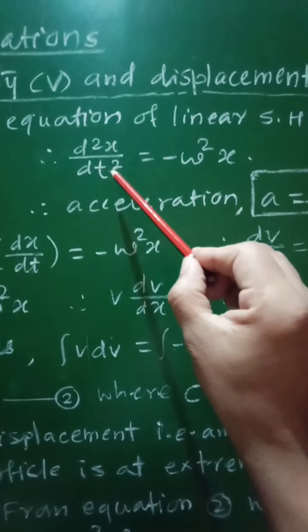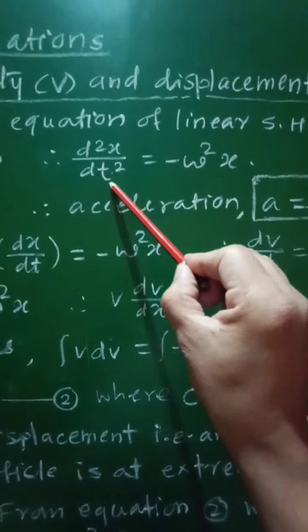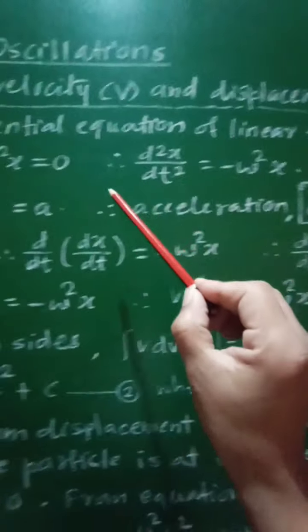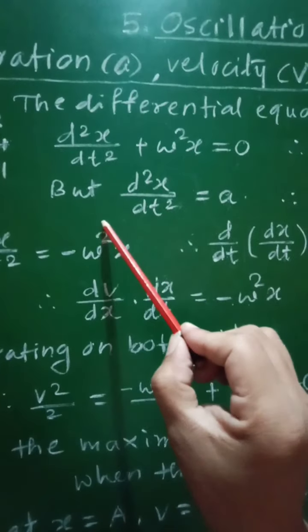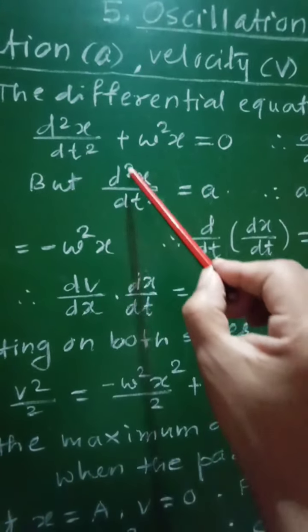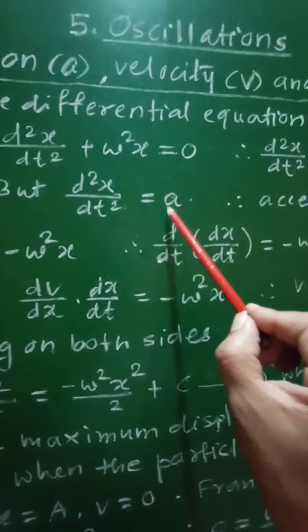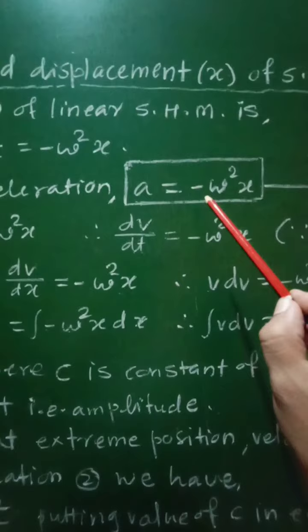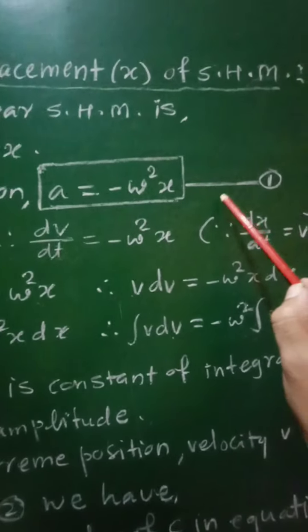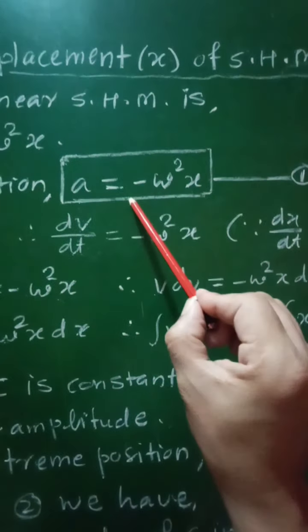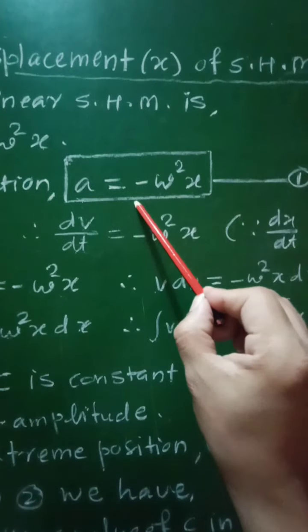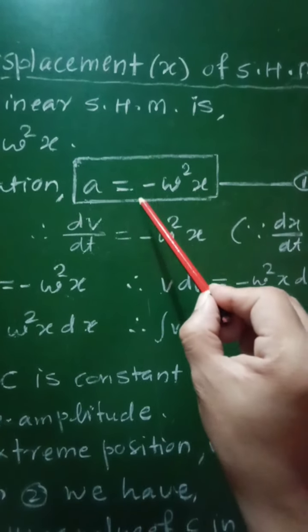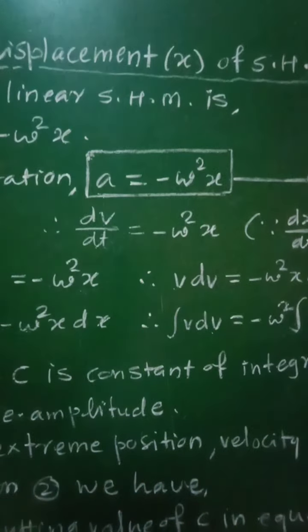But this term d square x by dt square represents the acceleration of the particle performing linear SHM, that is d square x by dt square equal to a, and therefore acceleration a is equal to minus omega square x, equation number 1. This equation represents the acceleration of the particle performing linear SHM.